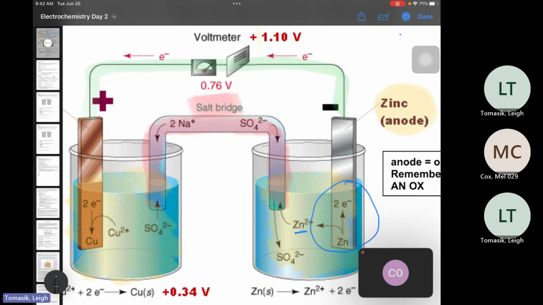It's going to turn into ions and it's going to dissolve. So this piece of zinc metal will dissolve, and this piece of copper metal will actually get thicker over time. Okay, so we can use this chemical reaction to make copper, but that's not why we do this chemical reaction.